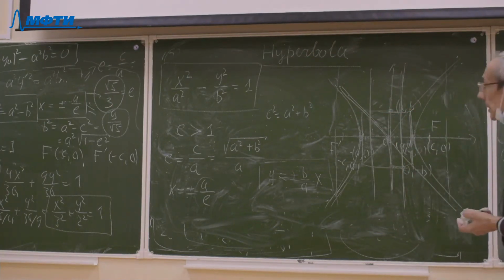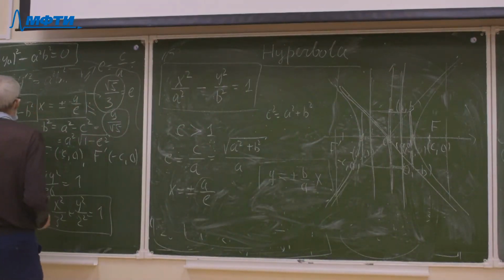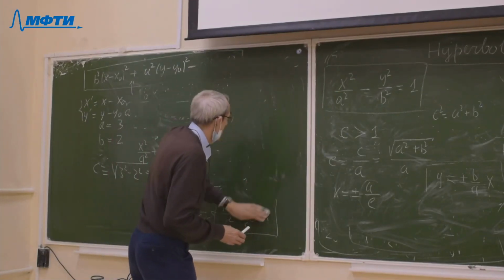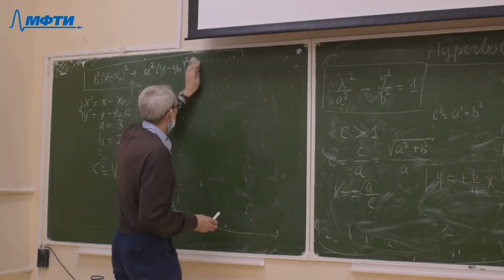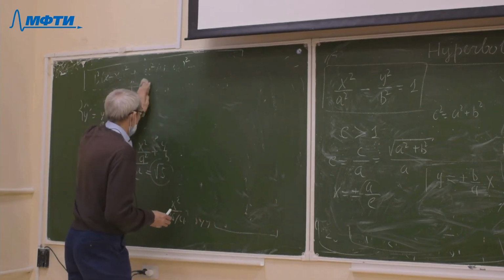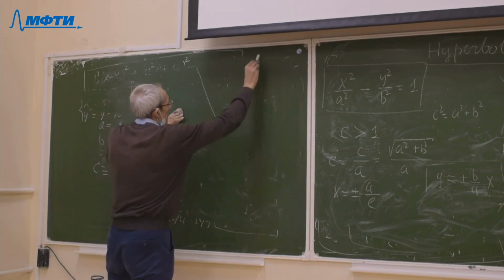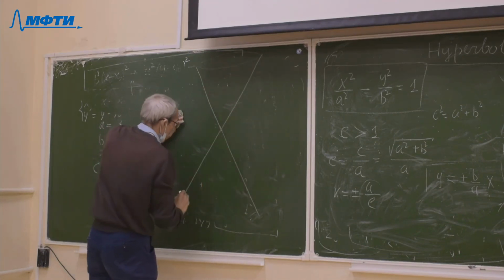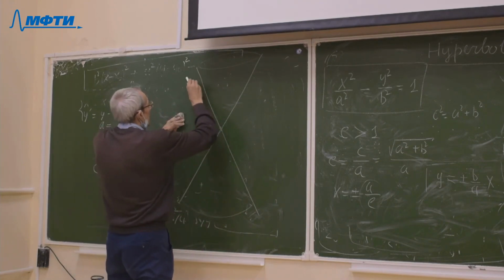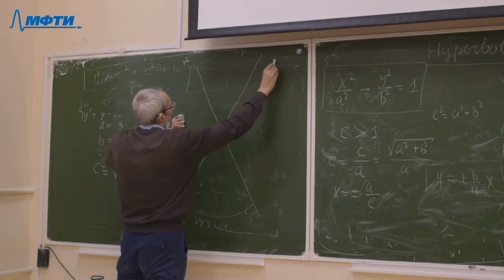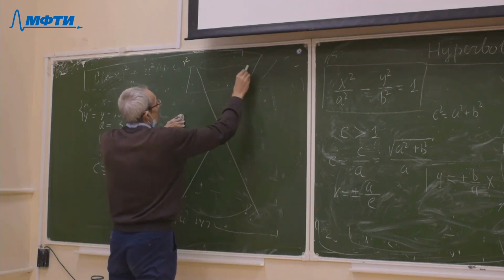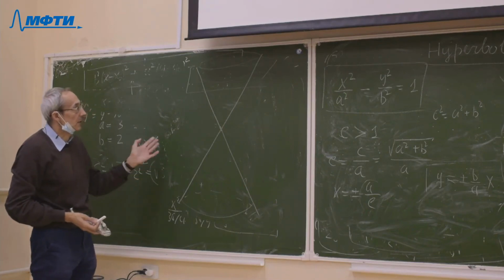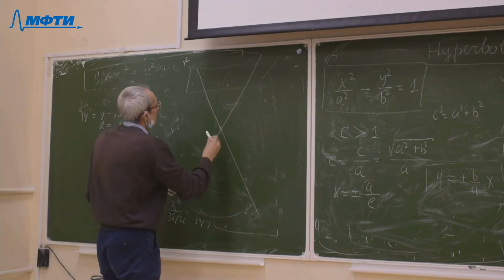We can illustrate the hyperbola by the following picture. We can use the conic section interpretation. We have the cone, and we take some section by a plane, and we change the slope of this plane.